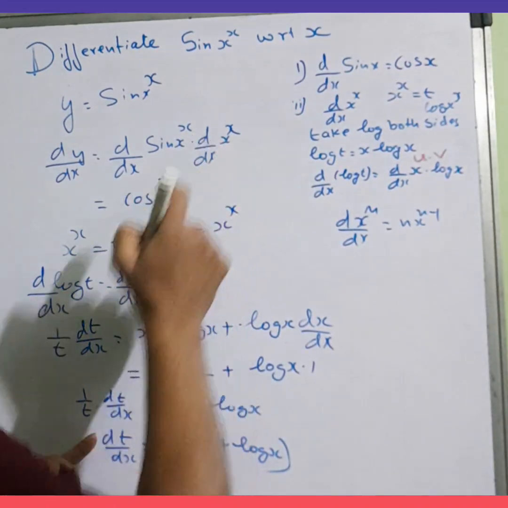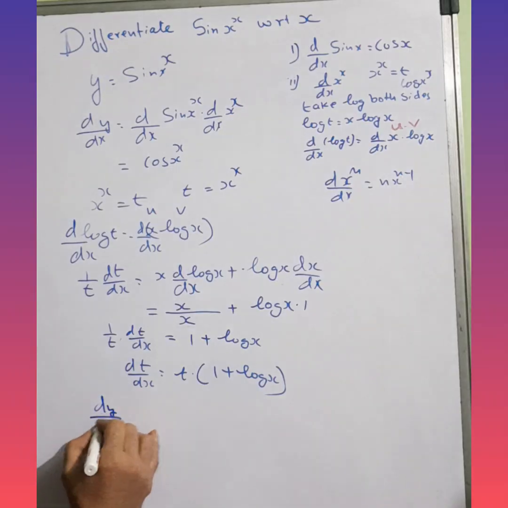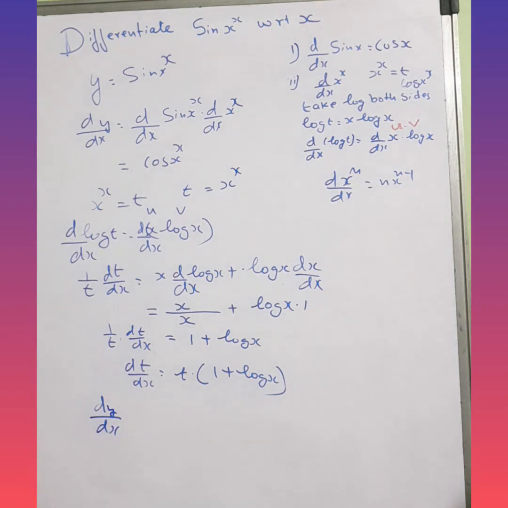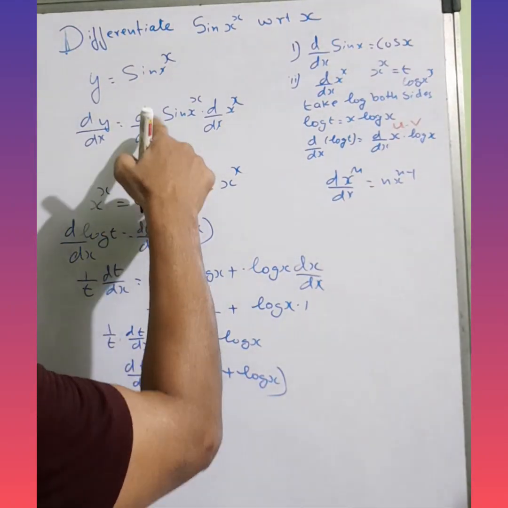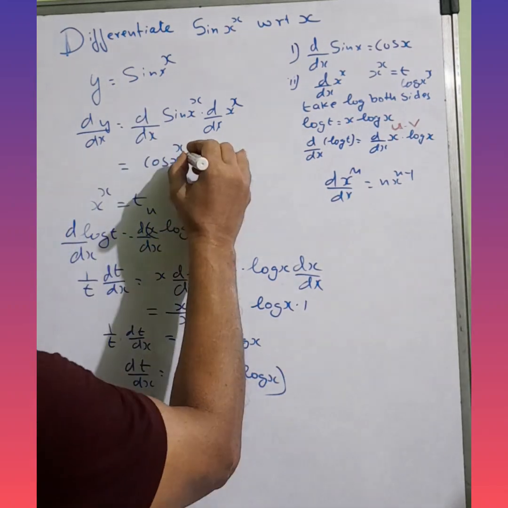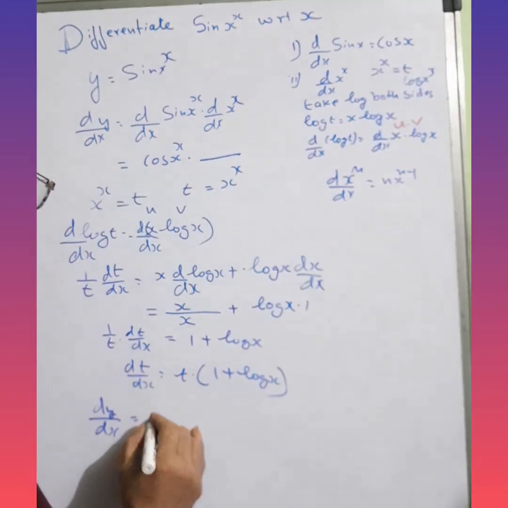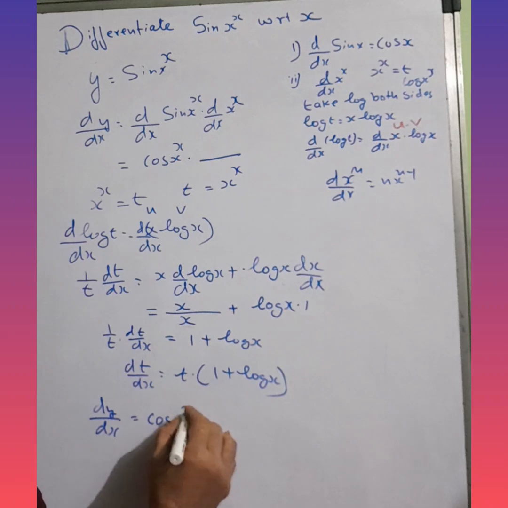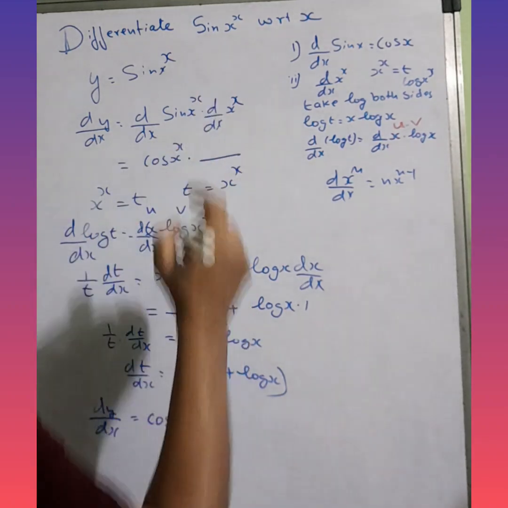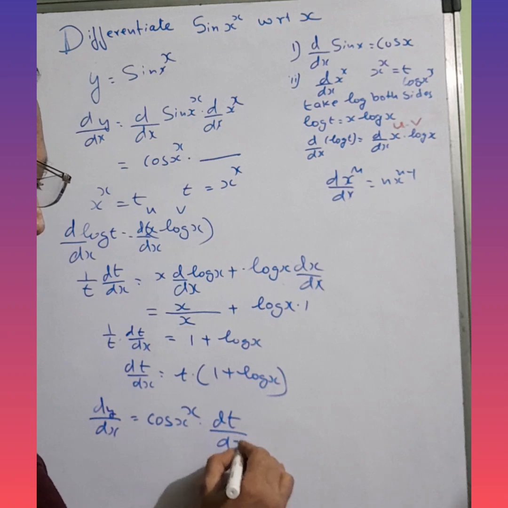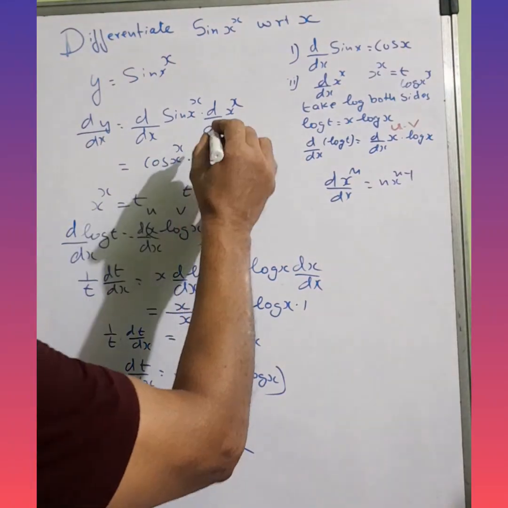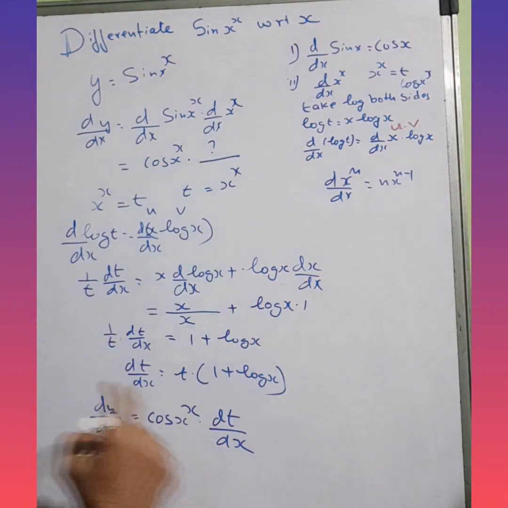So if I write a step over here, dy by dx is equal to cos x raised to x, and this was dt by dx. Okay, so this part which was there, that is dt by dx.